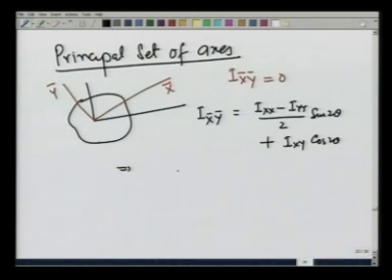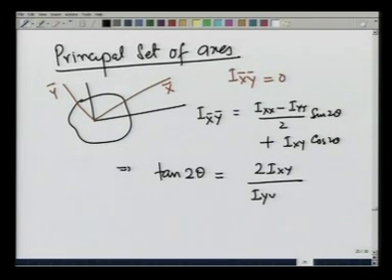This implies that if I rotate the new set of axes such that tangent 2 theta is equal to 2 I x y divided by I y y minus I x x, I will get new I x bar y bar equal to 0.